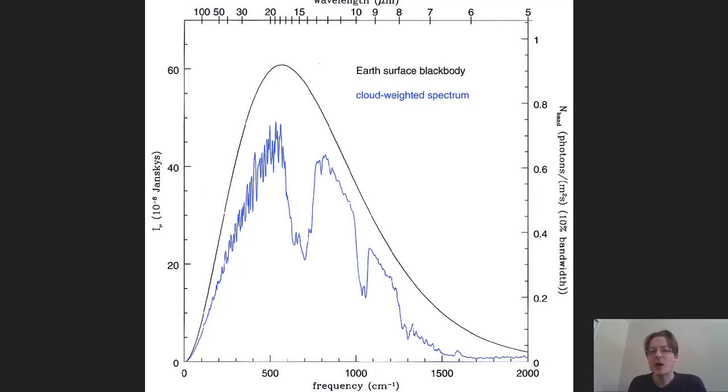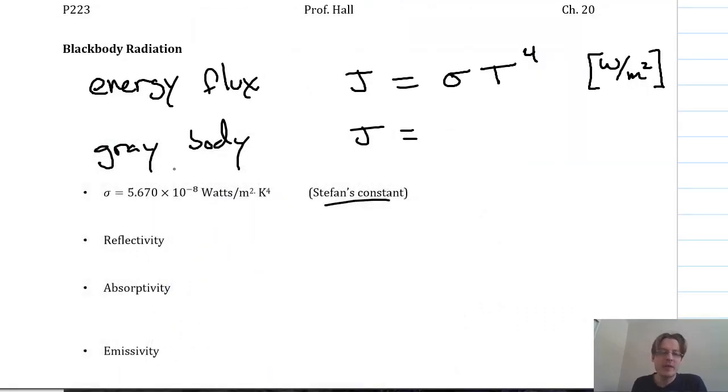So that's easy to account for. Actual things which aren't totally black, but are like gray, you just have to multiply by a factor, E, which is called the emissivity. Its value, if it's optimal, is equal to 1, meaning it's like 100% of the possible energy flux. But an actual object, maybe it's only 50% of the optimal value.